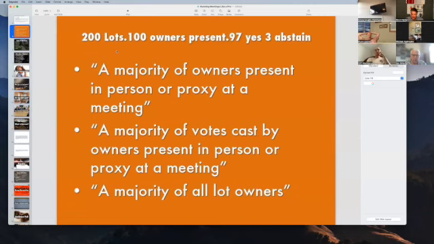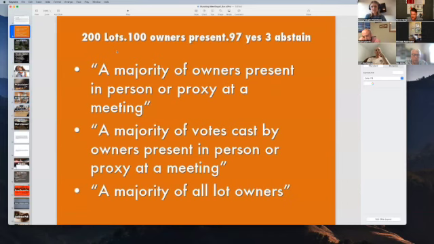Let's say your bylaws say that in order for whatever you're voting on to be approved, it requires a majority of votes cast by owners present in person or by proxy. This is an interesting question, because you could say 49 votes are needed because only 97 votes were cast.